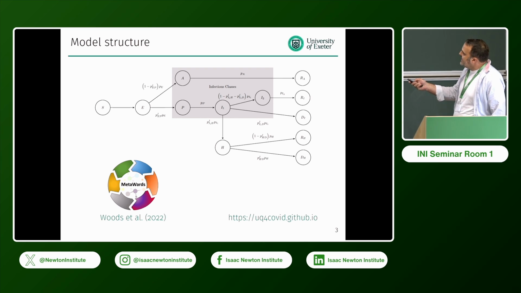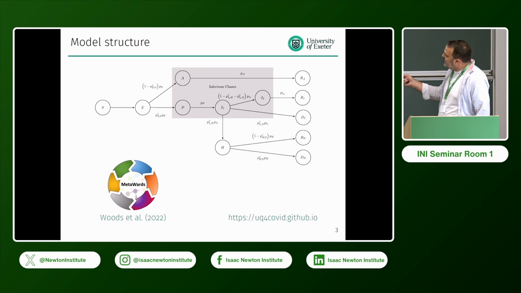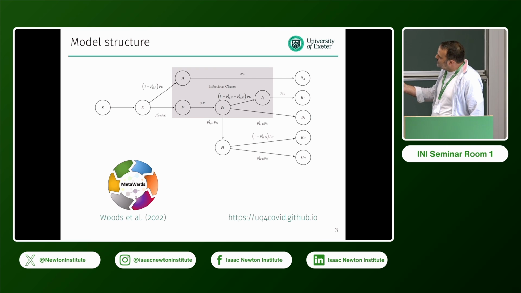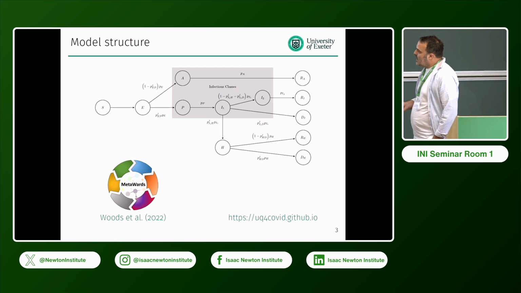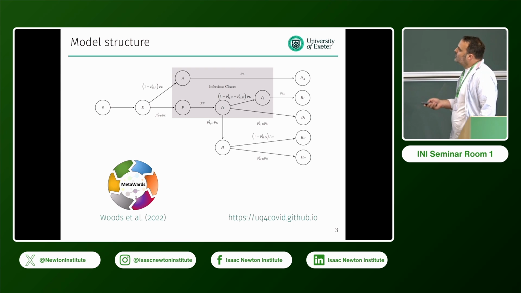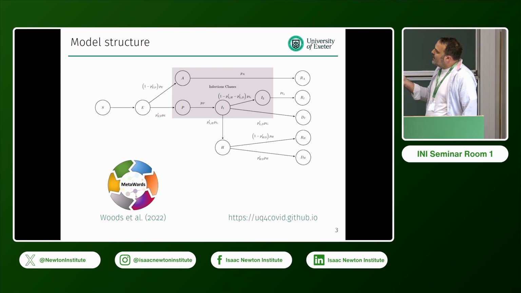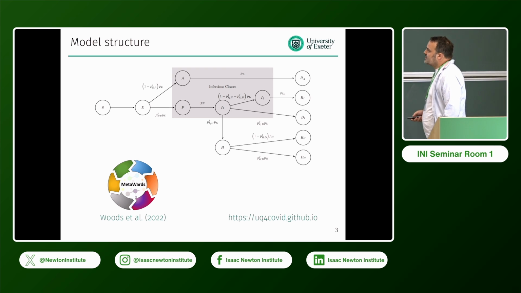There's an asymptomatic pathway, at which point individuals recover, or individuals develop symptoms, and then some of those individuals will recover, some will pass away, and some will go to hospital where they will recover or pass away. Obviously we have parameters in this model that we want to estimate that govern the amount of time spent in each of these compartments.